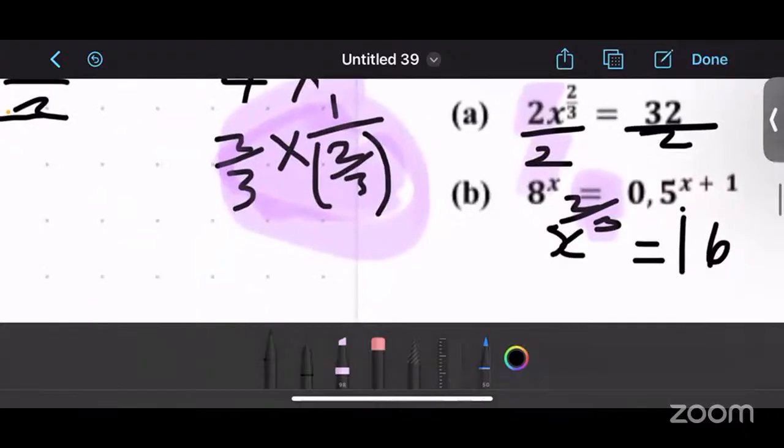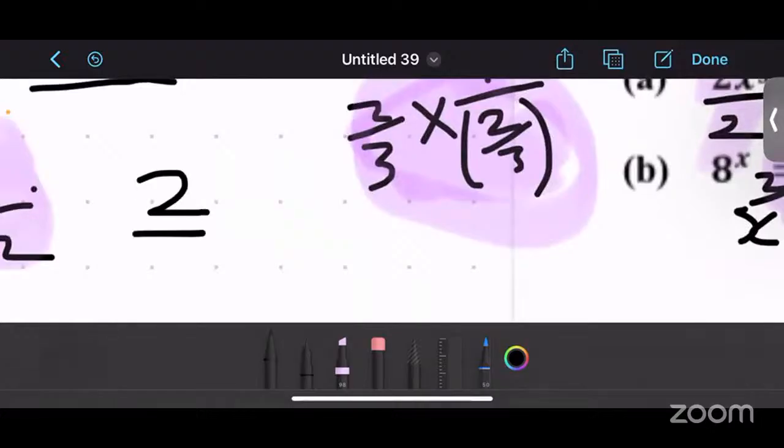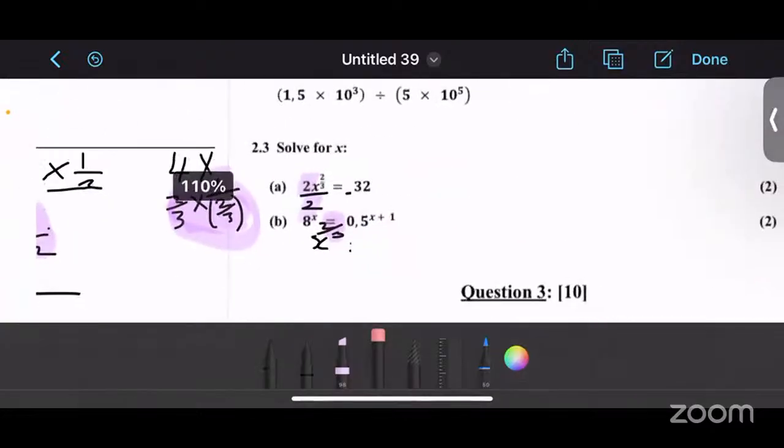Is it 2/3 multiplied by 1 divided by open bracket 2 divided by 3 close the bracket? No, 1 divided by open bracket 2/3. Okay, so that means the answer is going to be 1.